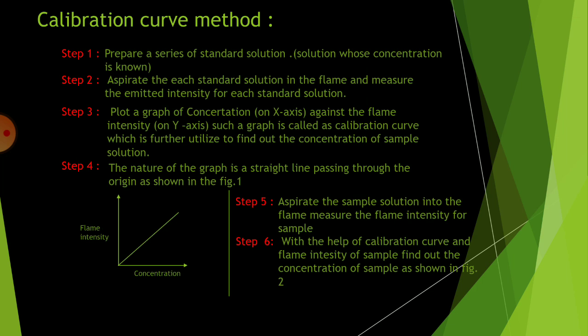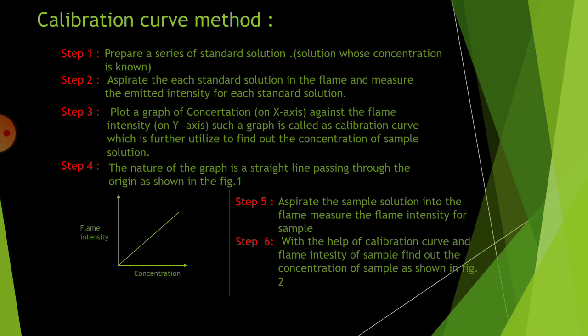So the first step is to prepare a series of standard solutions. The standard solution is the solution whose concentration is known. Now in the second step, aspirate each standard solution into the flame and measure the emitted intensity for each standard solution. Step 3, plot a graph of concentration against the flame intensity.